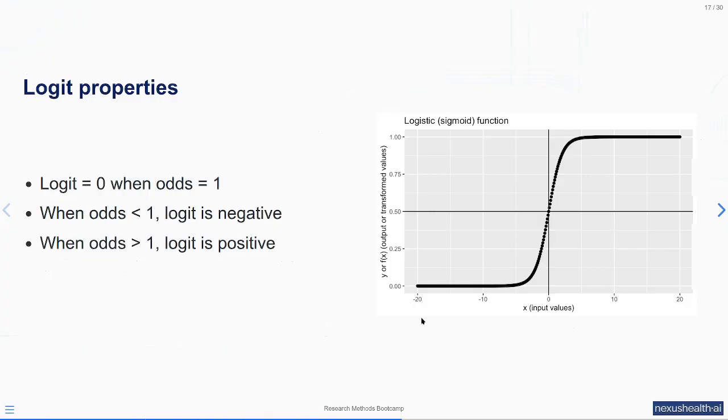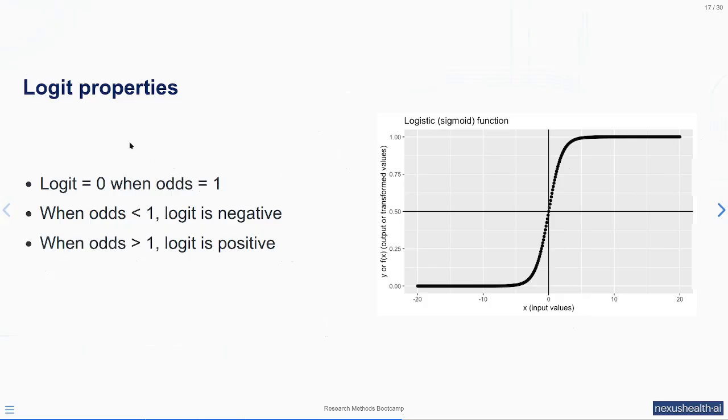If we plotted the graph of this logit function, it gives us a curvilinear shape. And remember the earlier diagram we saw? This is the shape we had. So when the logit is 0, that is when odds equals 1, that is p is equal to 1 minus p, right?